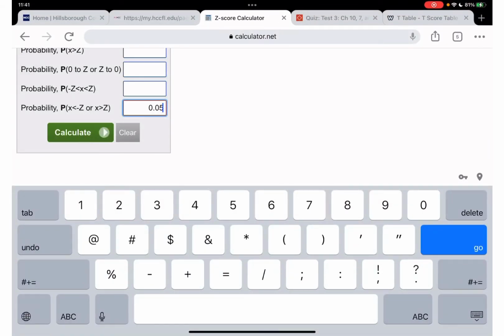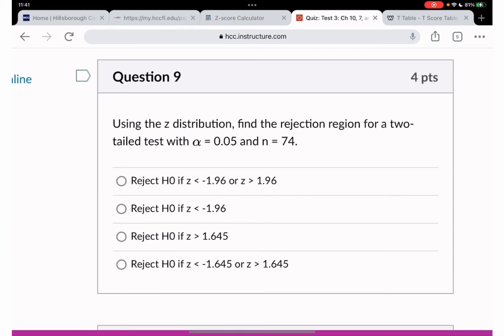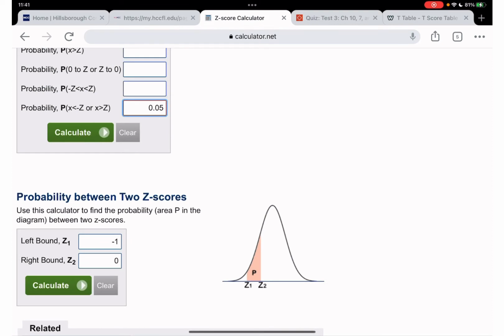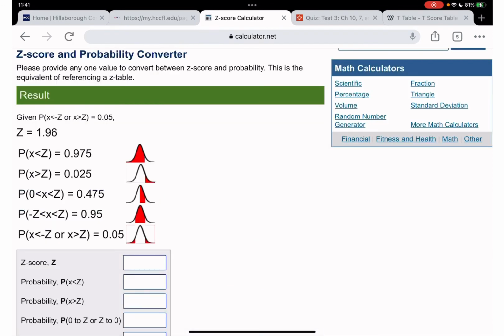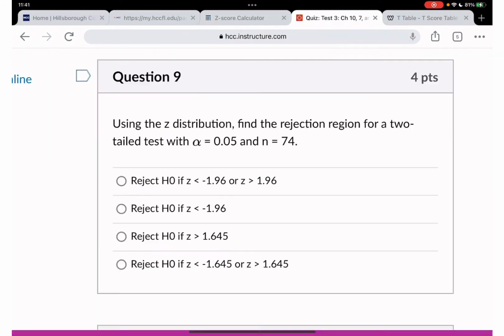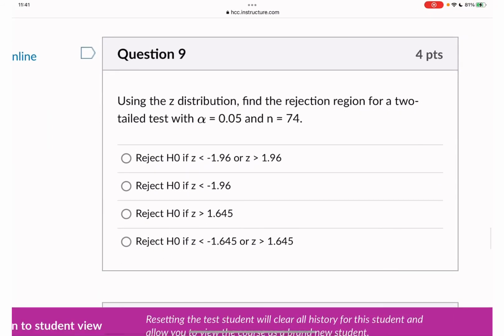It says two-tail, right? Let me double check. Yes, two-tail 0.05. This is two-tail because of the left tail and right tail, less than and greater than. We calculate and we are getting 1.96. It's going to be either less than negative 1.96 or greater than 1.96, and this is going to be our rejection area.